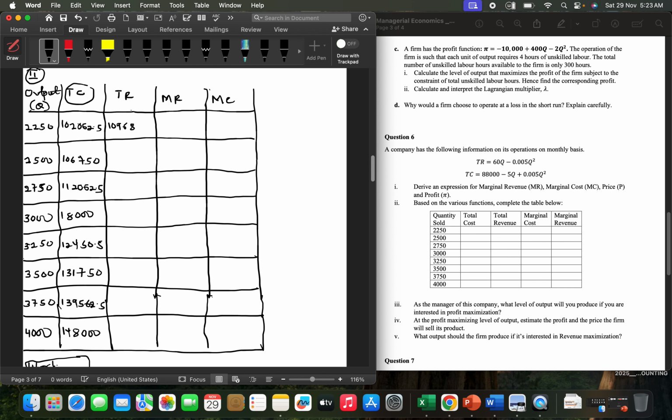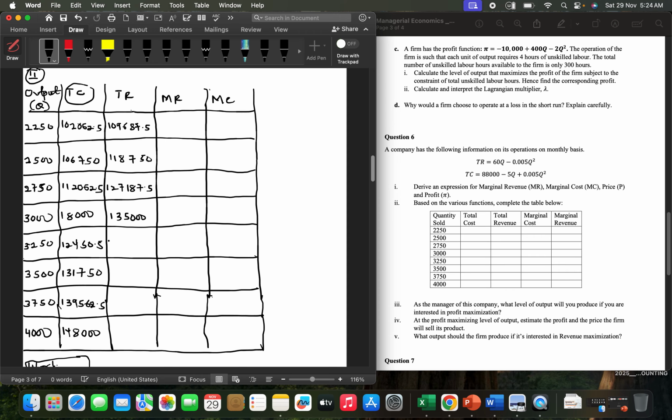The next one would be 109,687.5. The next one would be 118,750. The next one would be 127,187.5. You can use a calculator to do everything here. The next one is 135,000.